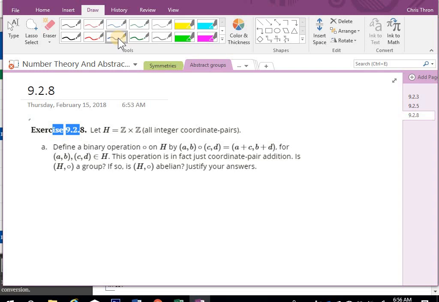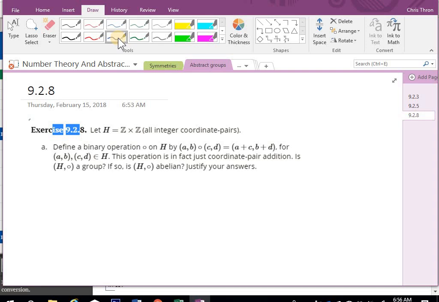If you want to show associative, you can just write down what the associative law would imply and show that it works. The basic idea is that the associative law works for each coordinate in the pair, so it works for the coordinate pair.